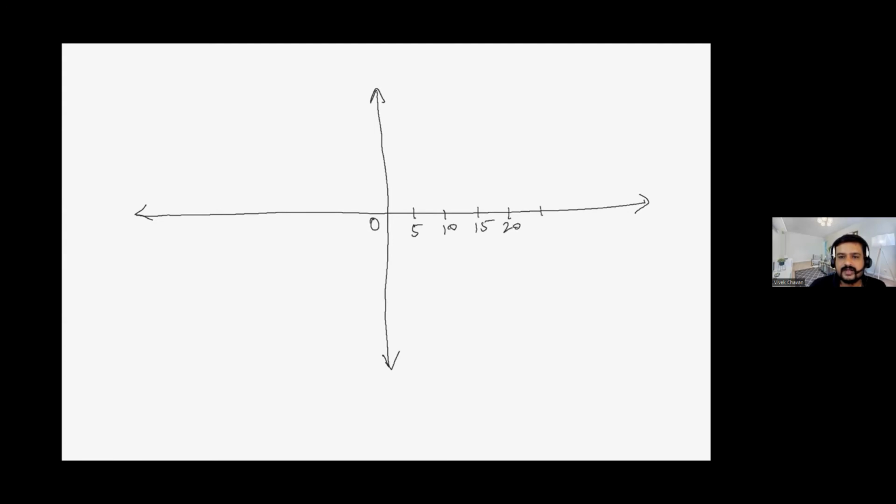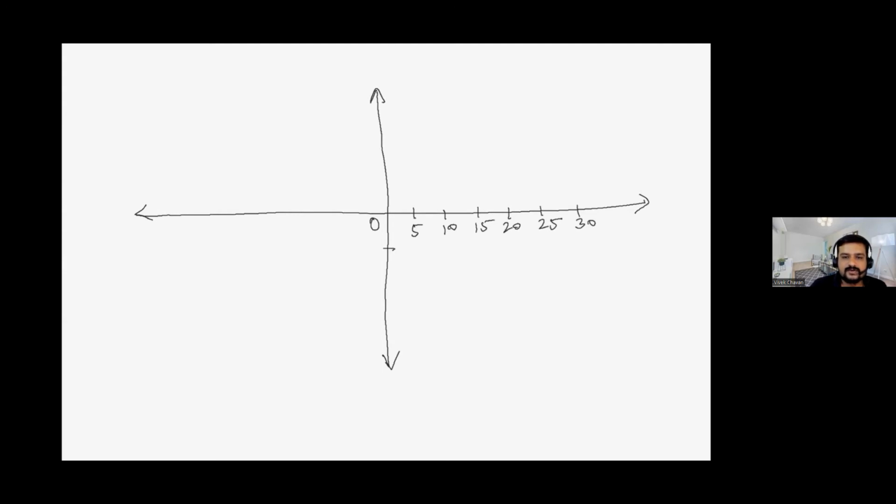See, this is your y-axis. This is your x-axis. This is origin. You will take the scale of 5, 5, 5, 10, 15, 20, 25, 30.